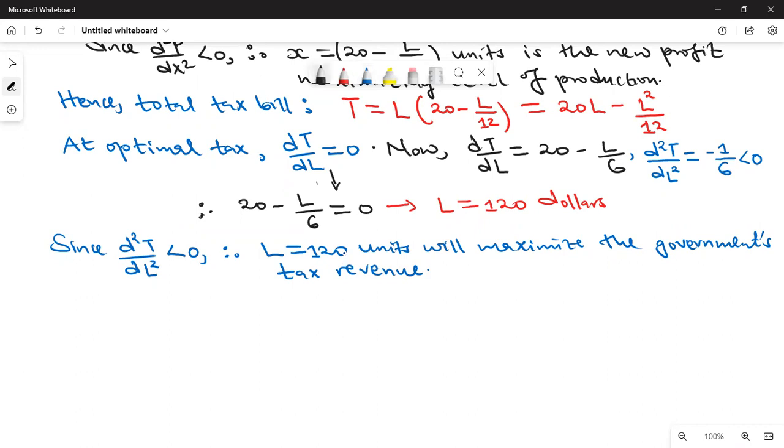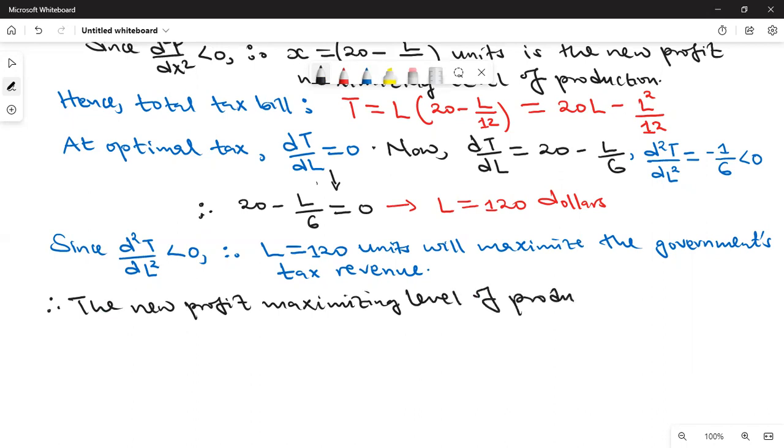So you can just say, therefore, the new profit maximizing level of production is, it was X equal to 20 minus L over 12, and our L is, let me write L over 12.